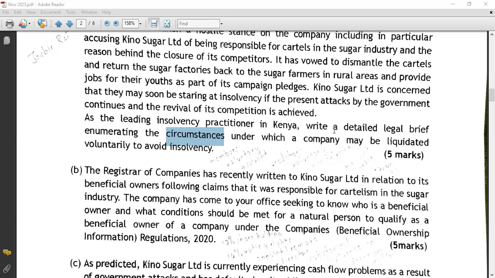Before passing a resolution for voluntary liquidation, the company shall give notice of the resolution to the holder of any qualifying floating charge in respect of the company property. So this is just the process.